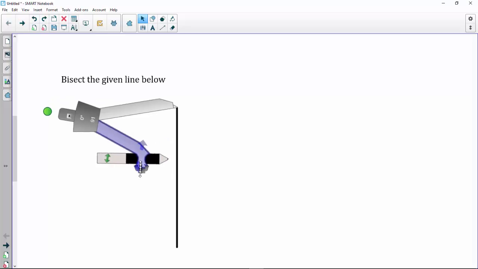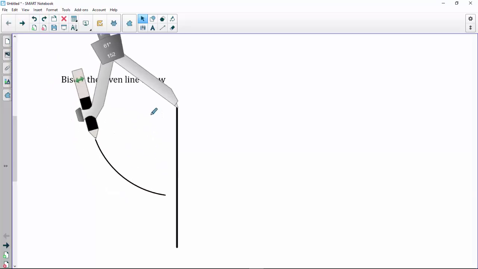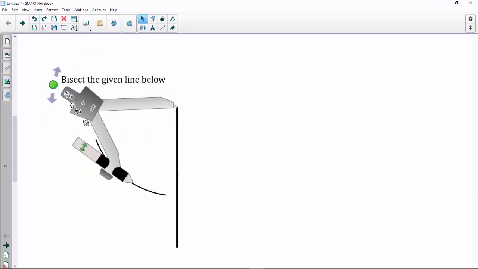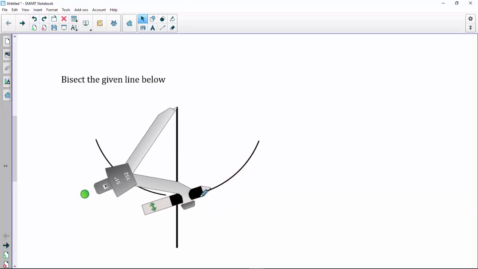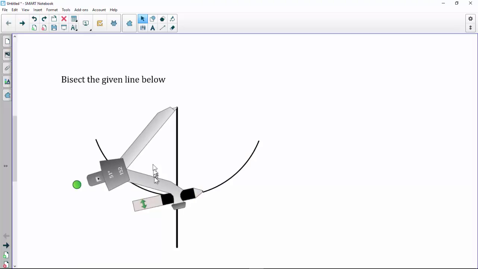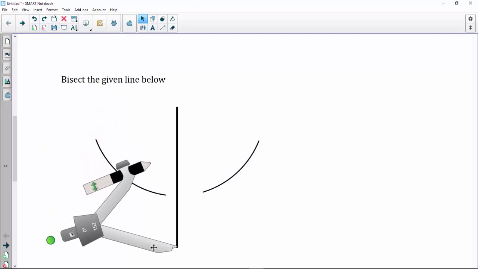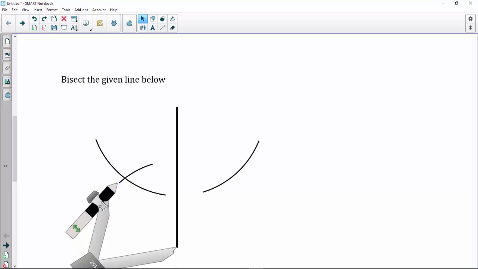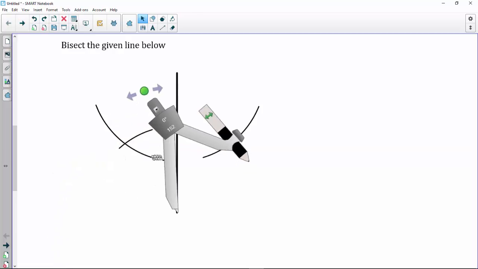Open the compass to more than half the line, and we draw an arc both above and below the given line, and we repeat. Position now the point of the compass at the end of the line and we draw a small intersecting arc above and below the line.